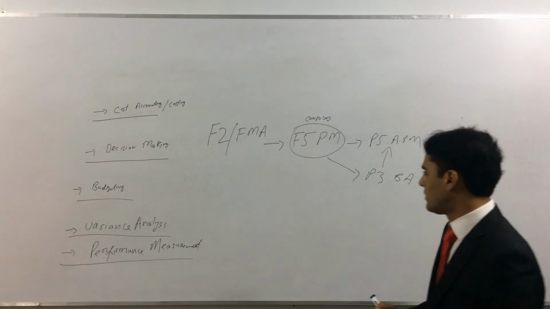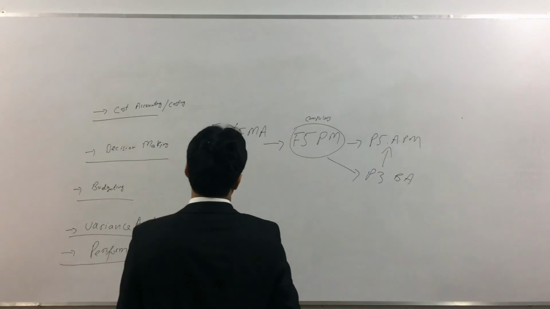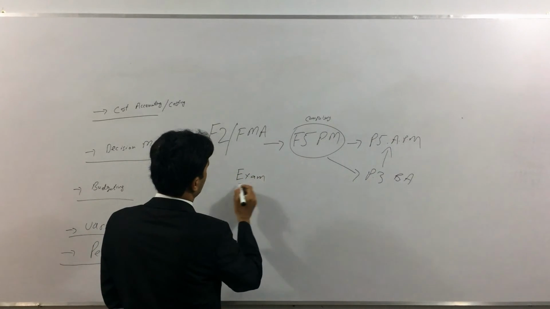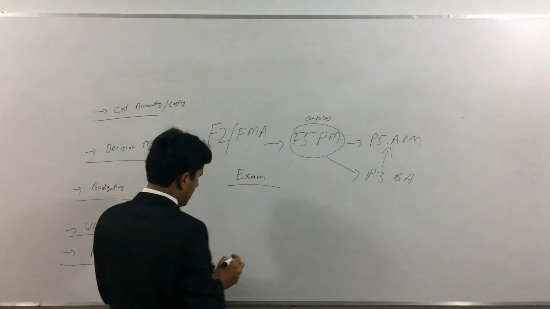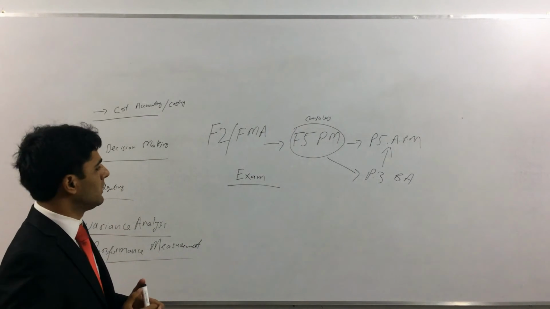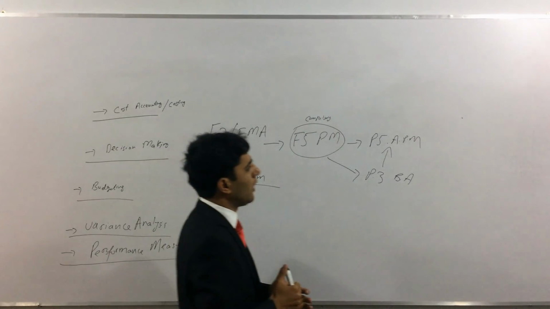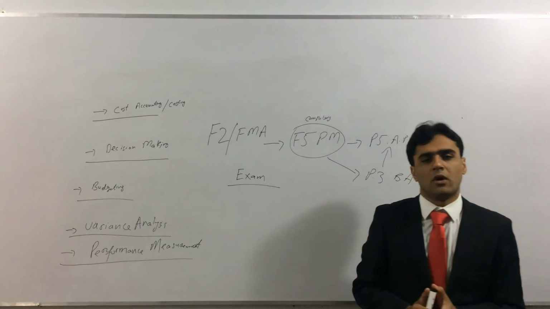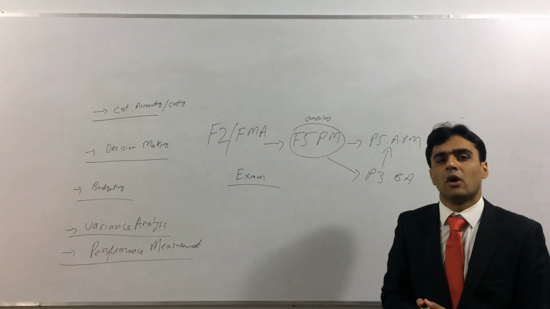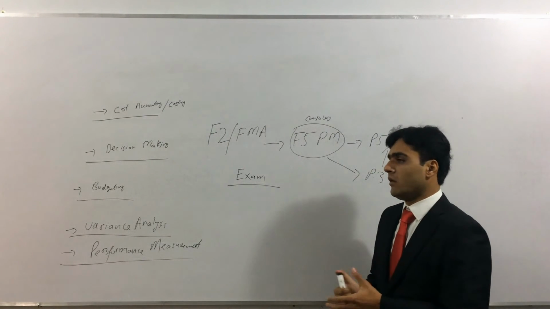Now, these were the topics. If we talk about the exam itself, the ACCA F5 exam: ACCA has recently introduced computer-based and paper-based options. Now you have a choice if you want to appear for this exam as computer-based or paper-based.